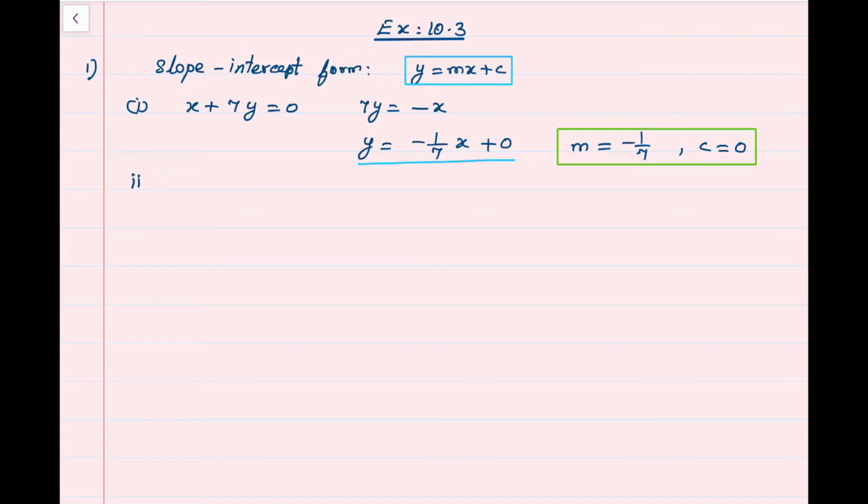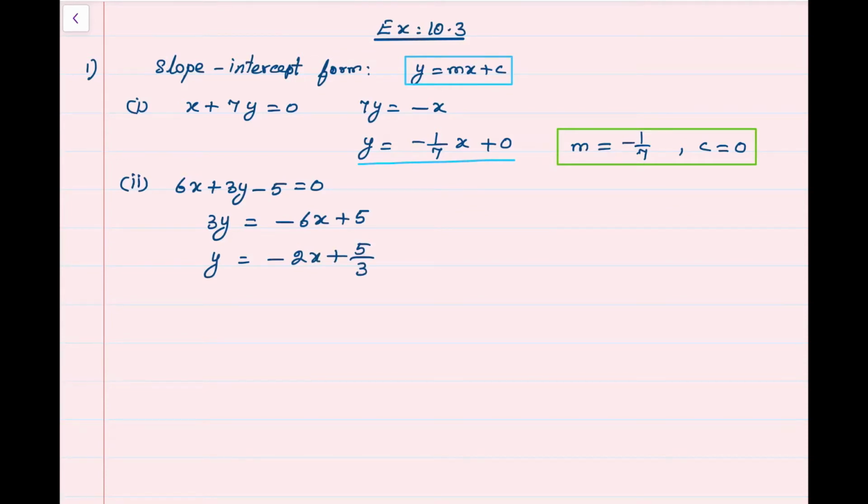Second subdivision. The given equation is 6x + 3y - 5 = 0. Let us write it in slope-intercept form. 3y is minus 6x plus 5. Therefore, y is minus 2x plus 5 divided by 3.